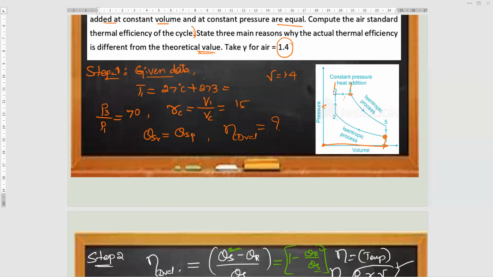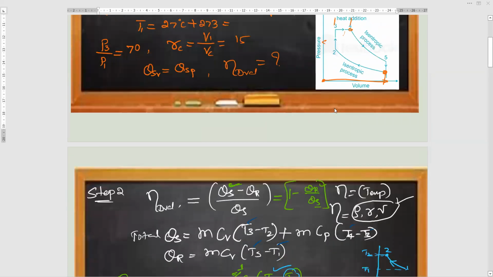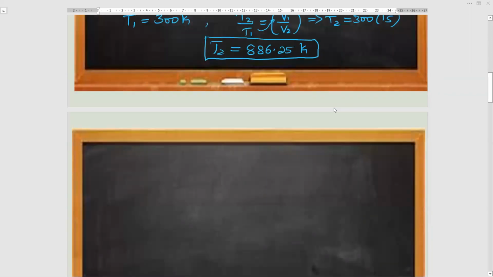During 2 to 3, it is a constant volume heat addition. So once you identify the process, apply the ideal gas equation. I will write PV is equal to MRT. I'm going to apply this equation at point 3 as well as at point 4.